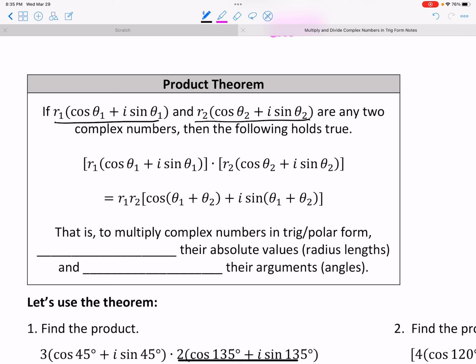So if we have any two complex numbers in trig form, then what happens when we multiply is out in front we end up with the product of the numbers out in front of our initial complex numbers. So the radius of the first one times the radius of the second one ends up being the radius of our product. And then we know our trig form is going to have our cosine plus I times our sine. So that component is going to be there.